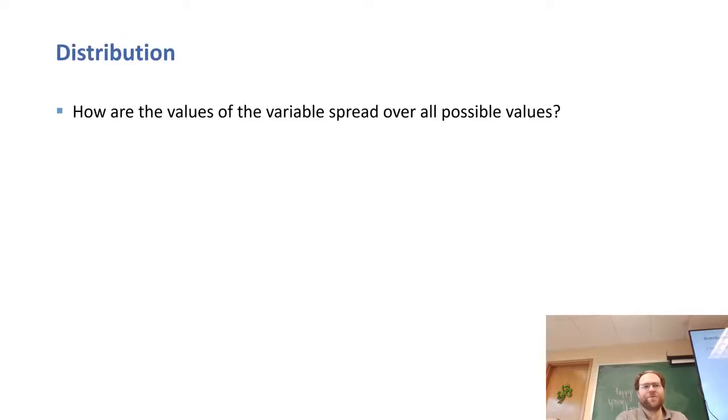We're going to be looking for how the data is distributed or spread out. And we're going to try to get some summary statistics to quickly analyze the major trends taking place.